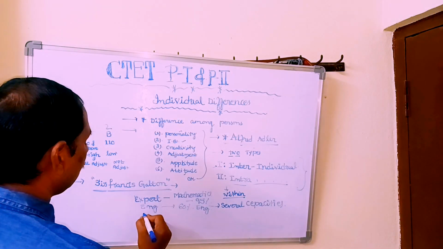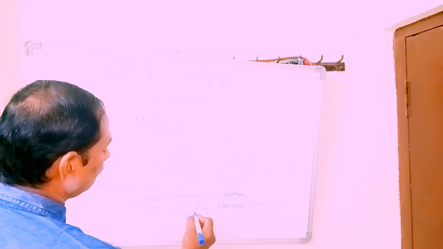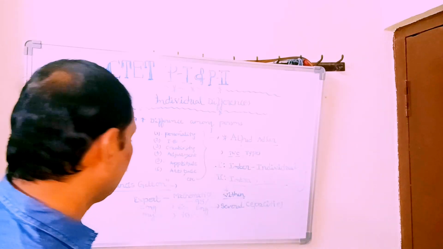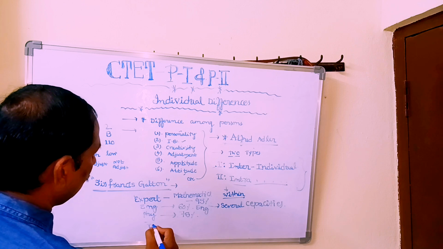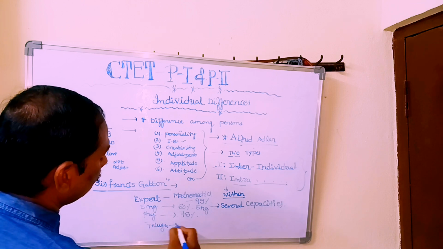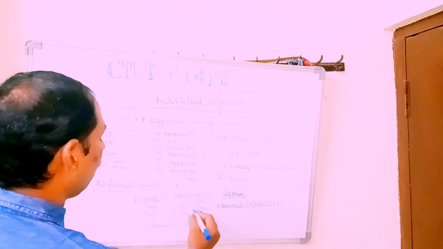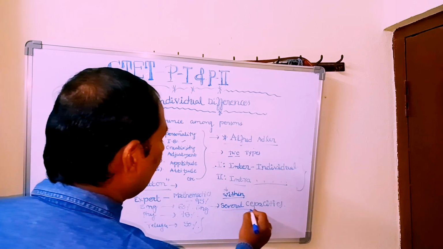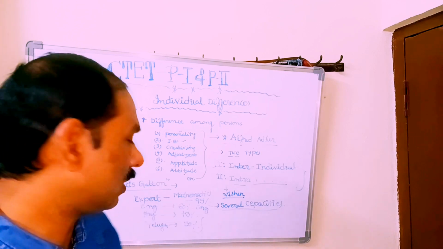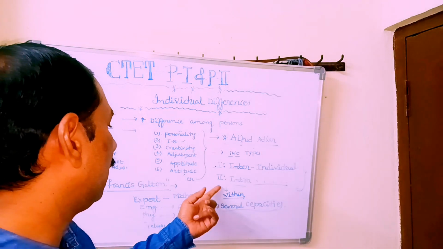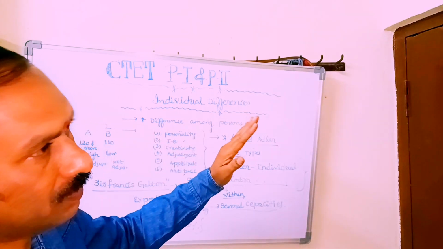The same person got 75 percentage in physics, and in Telugu he got only 50%. These are the competencies. The difference within the same person in several capacities is known as intra-individual differences.